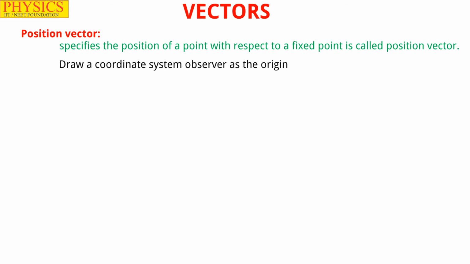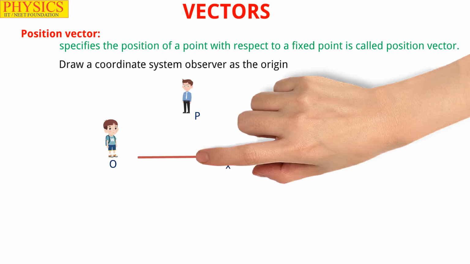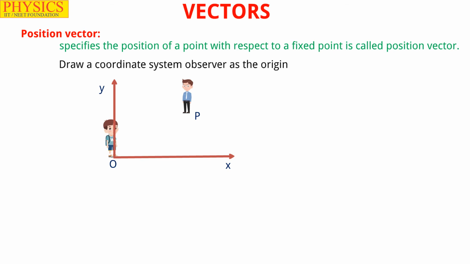Suppose there is a man at a point P. You are observing him. Let your position be O. Now let us draw a coordinate system x, y by taking your position as origin.